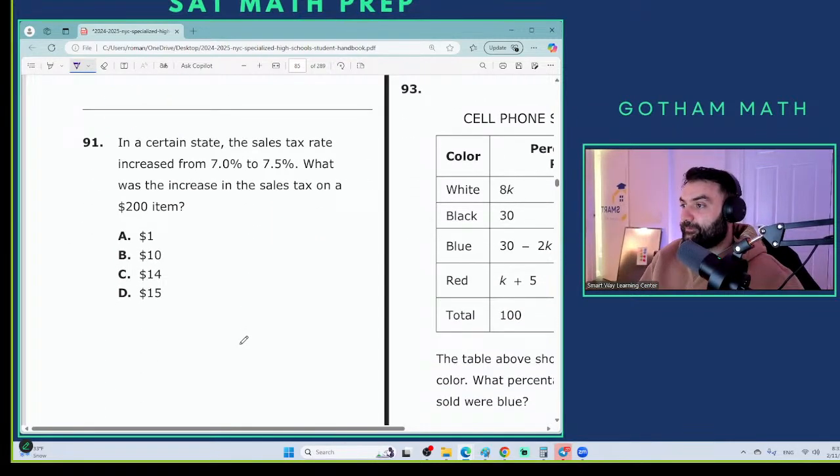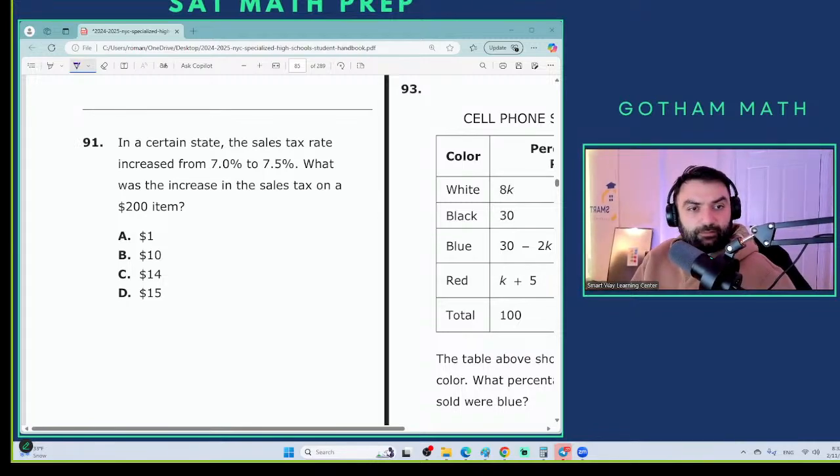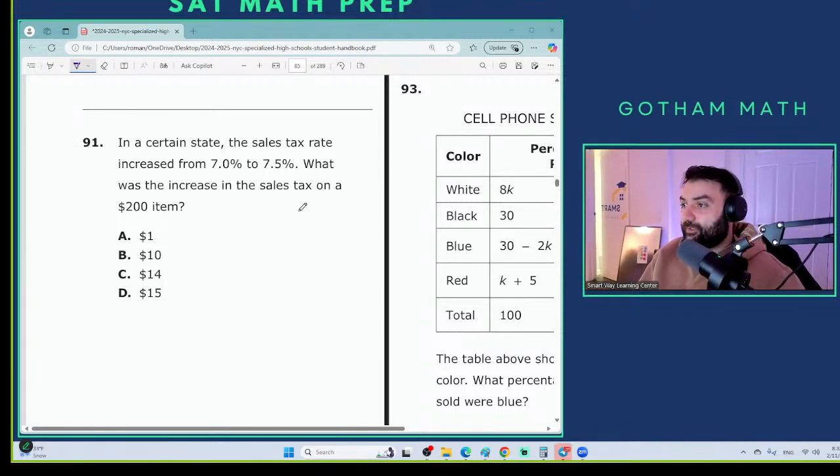Number 91. In a certain state, sales tax increased from 7% to 7.5%. What is the increase in sales tax on a $200 item?